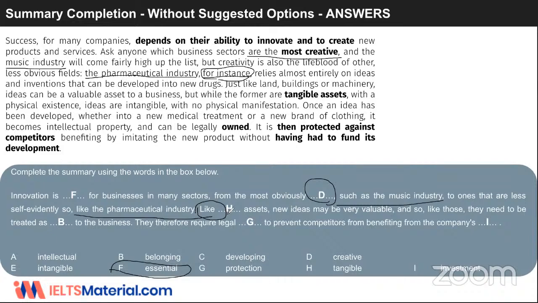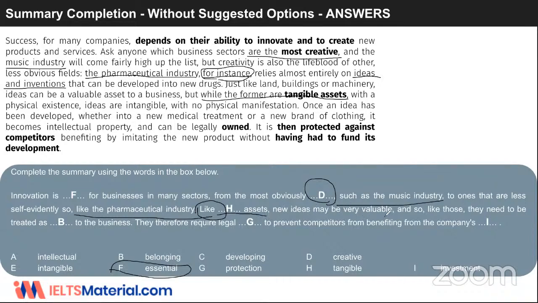For instance, it relies almost entirely on ideas and inventions. So ideas and inventions are the first part. And here they have taken, while the former are tangible assets, like the former tangible assets. We don't have anything related to former, so we will be taking the word tangible assets, which goes exactly with the sentence.